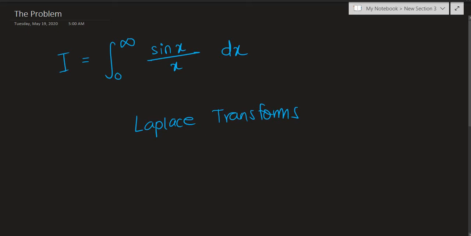So if you haven't seen that yet, I have provided a card right about now. You can click on that and watch that video before seeing this, because I have explained Laplace transforms briefly, what they are in that previous video.